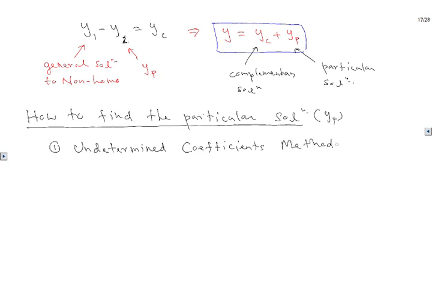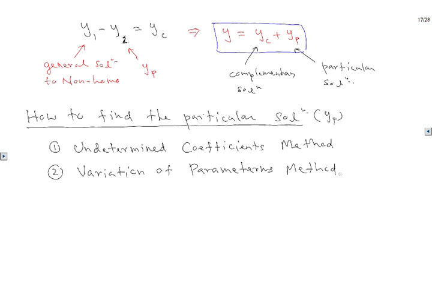And then the second one is what we call the variation of parameters method. We can discuss the variation of parameters in a different discussion. So let's talk about the undetermined coefficient method.